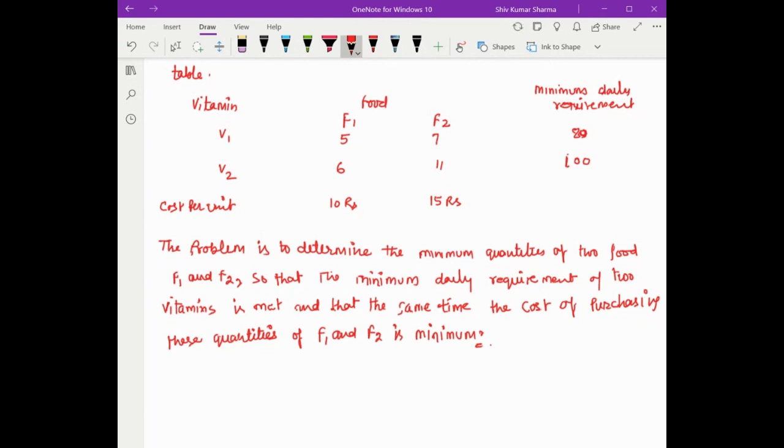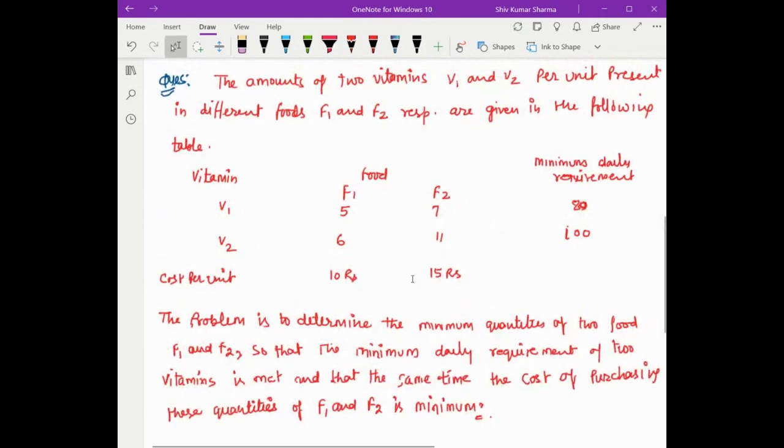So this is the problem given in theoretical form.